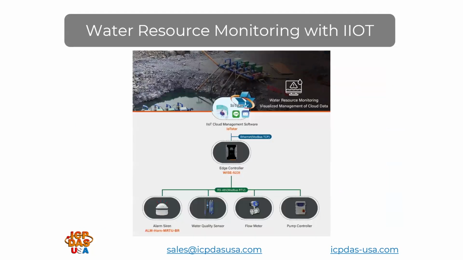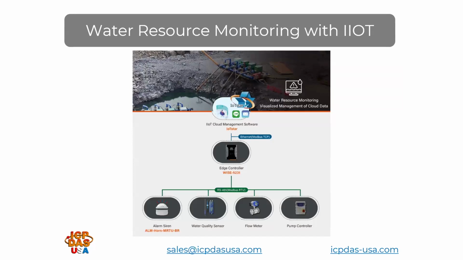Our WISE 5231 is an edge controller capable of sharing data via MQTT to cloud platforms such as Microsoft Azure or IBM Bluemix. In this application diagram, we use our IoT software so that you can create your own local cloud platform without any added monthly cost.